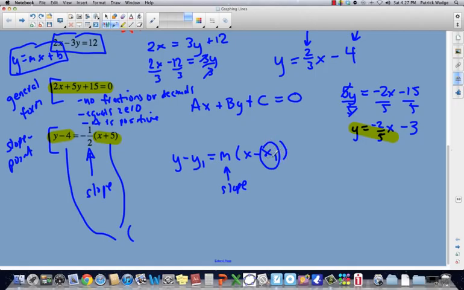Well, it can't have been positive, because then you have x take away a positive, and that doesn't make a positive. It must have been negative, because x take away negative is positive. Confusing, right? But remember we said last year it's always kind of the opposite. That's the other way you could think of it. So if it's x plus 5, the x value of the point is minus 5.